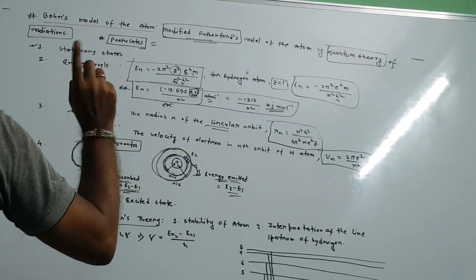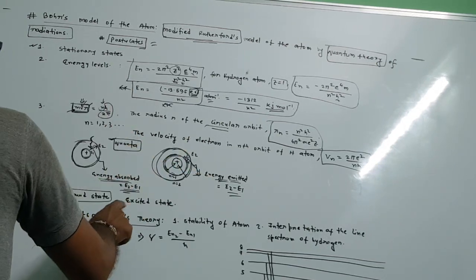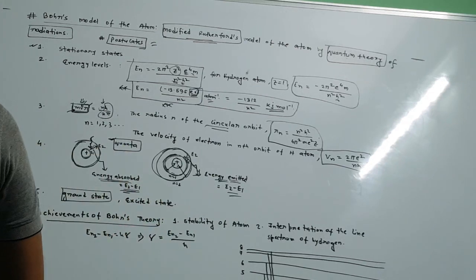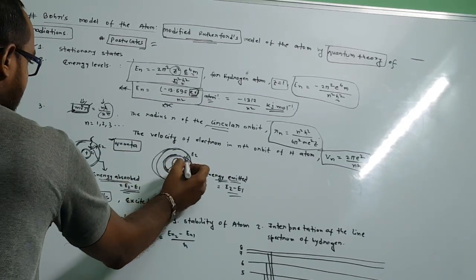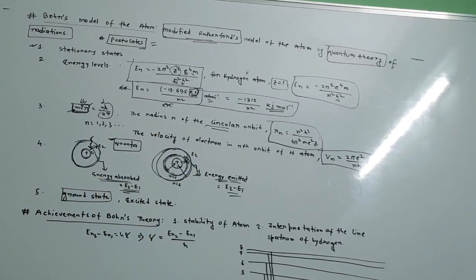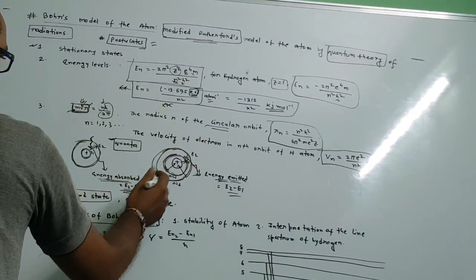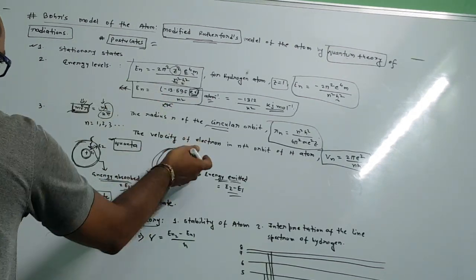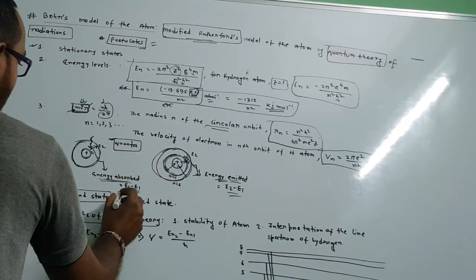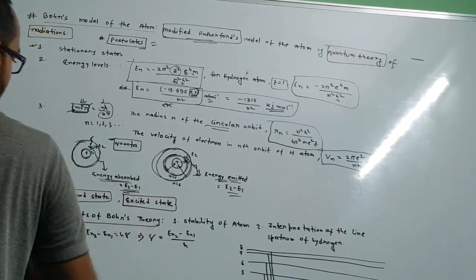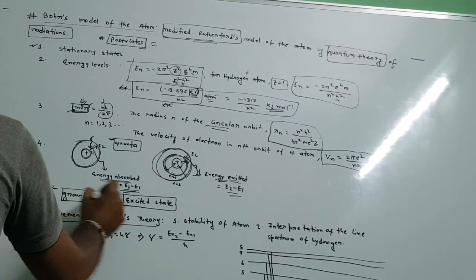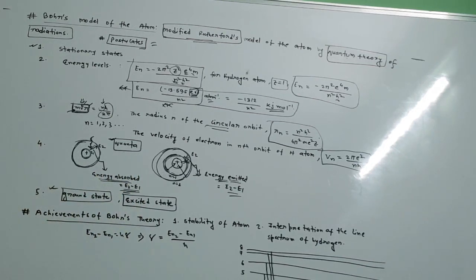One packet is known as a quantum, and after absorbing energy the atom goes to its excited state. The state it goes to after absorbing energy is known as its excited state. So it's all about ground state and excited state.